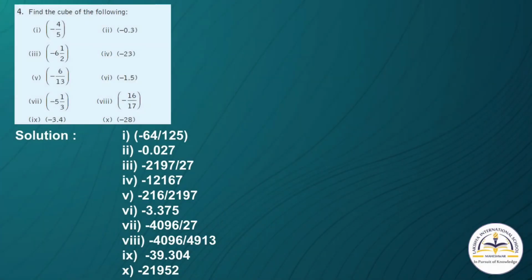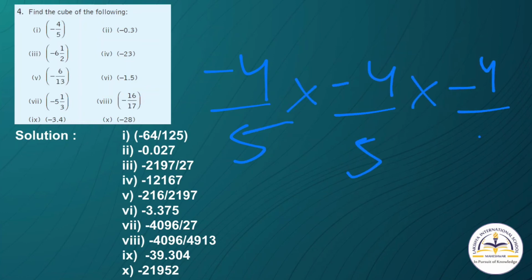Question number 4, find the cubes of the following. Question number 1, minus 4 by 5. Multiply minus 4 by 5, multiply minus 4 by 5.